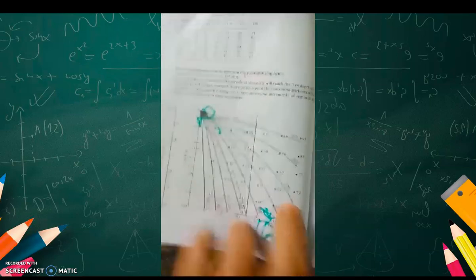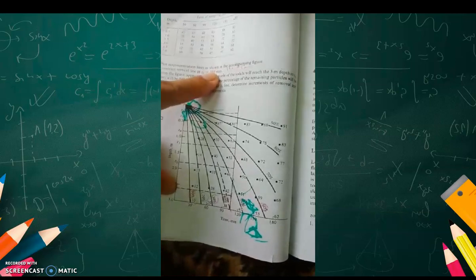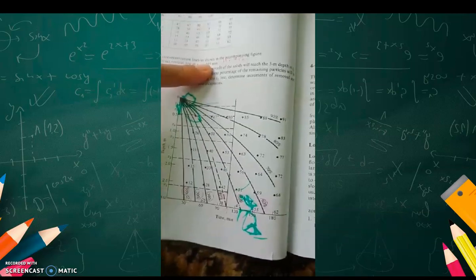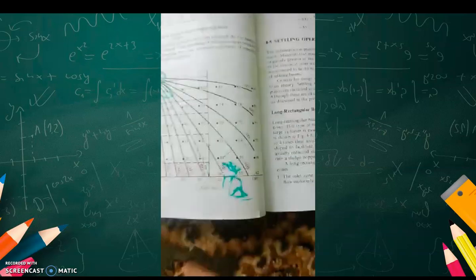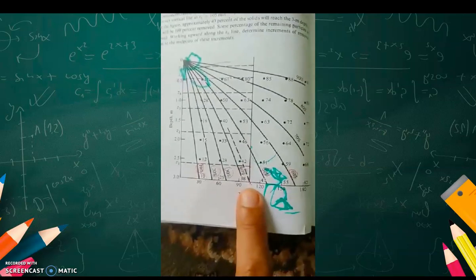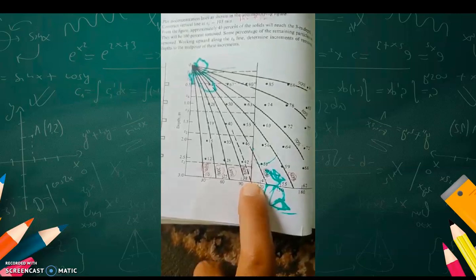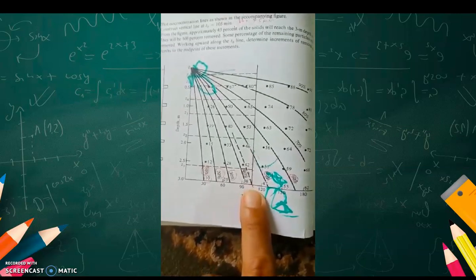we wanted to determine at T0, see, not 105. This is detention time just now at 105. How many percentage is being removed? So you have a look here. Where is 105? It is somewhere between 90 and 120.